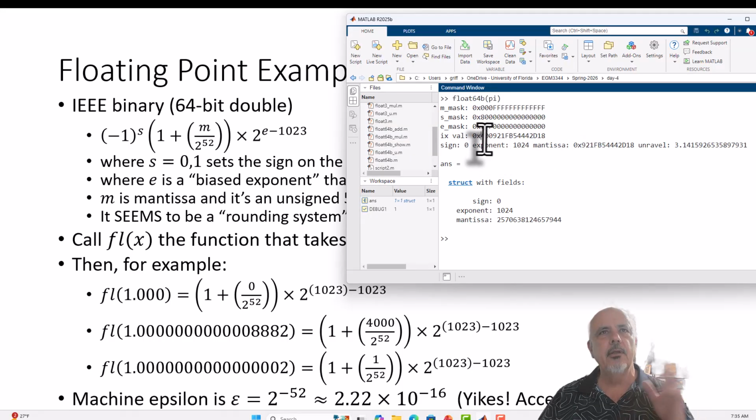The exponent is going to be 400, so that's 4 times 256, so that's 1024.